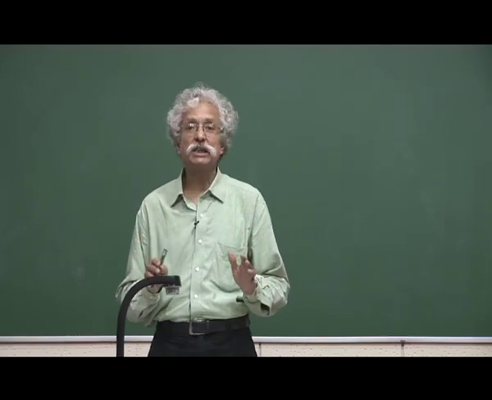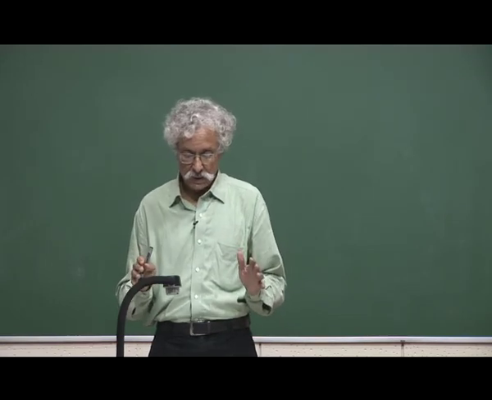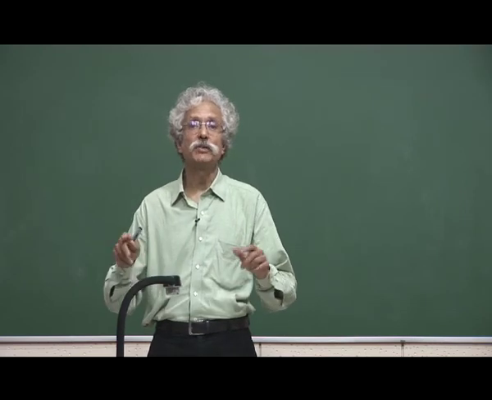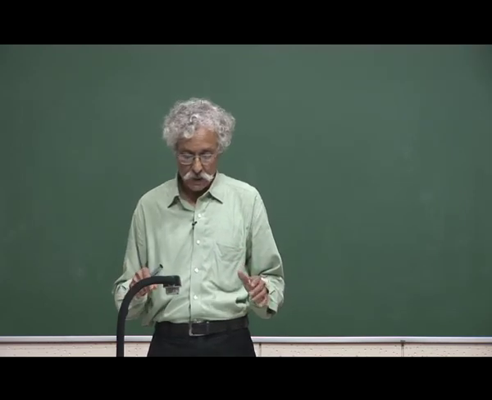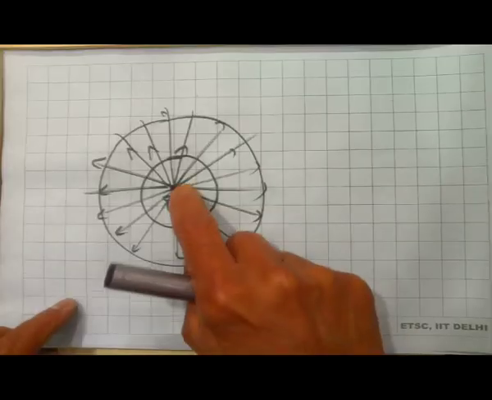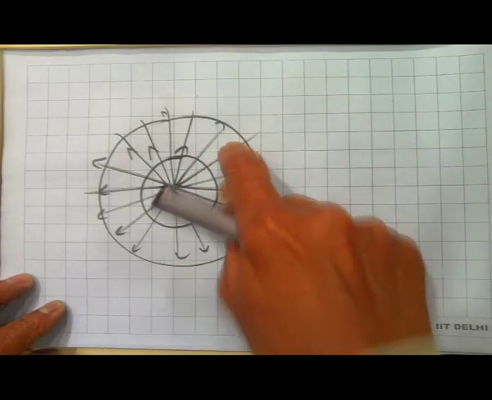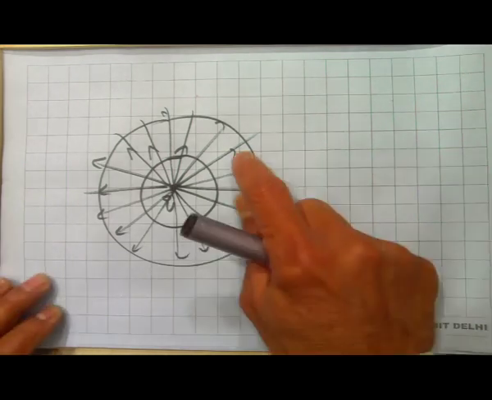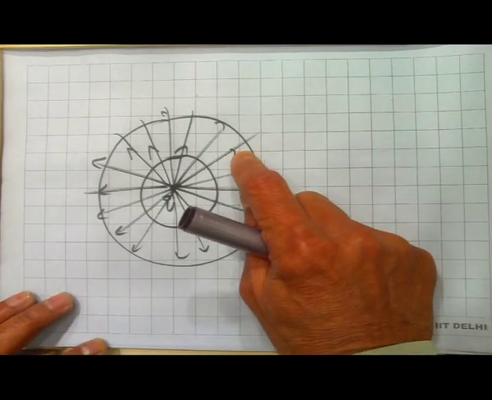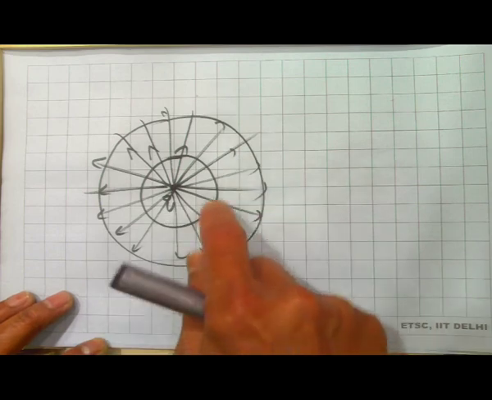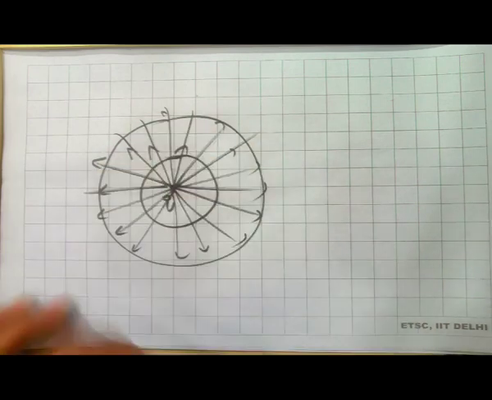Please remember, these lines represent electric field lines. They are only showing directions of electric field. If the lines are closer together, like towards the center, the electric field is larger. If you move further away, the electric field lines get separated out and the electric field decreases. The number of lines crossing the inner sphere and outer sphere are the same.